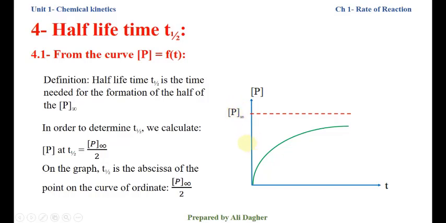We locate on the graph the half of concentration of product at infinity. We locate the point on the curve of ordinate concentration of product at infinity over 2. The abscissa of this point represents the T-half, the half-life time.